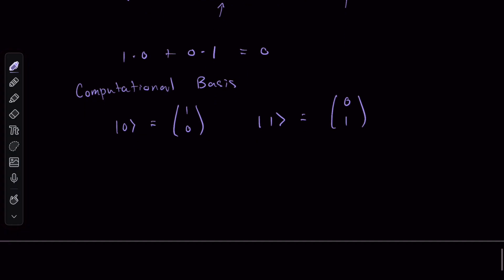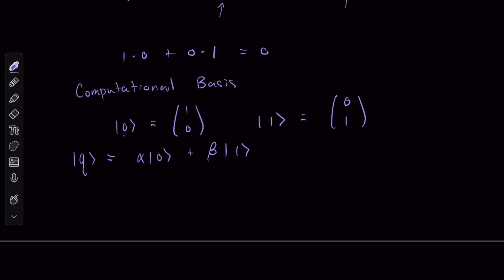So any generic quantum bit, we'll call it Q, can be rewritten with two complex amplitudes, the first corresponding to the 0 state, and the second corresponding to the 1 state.